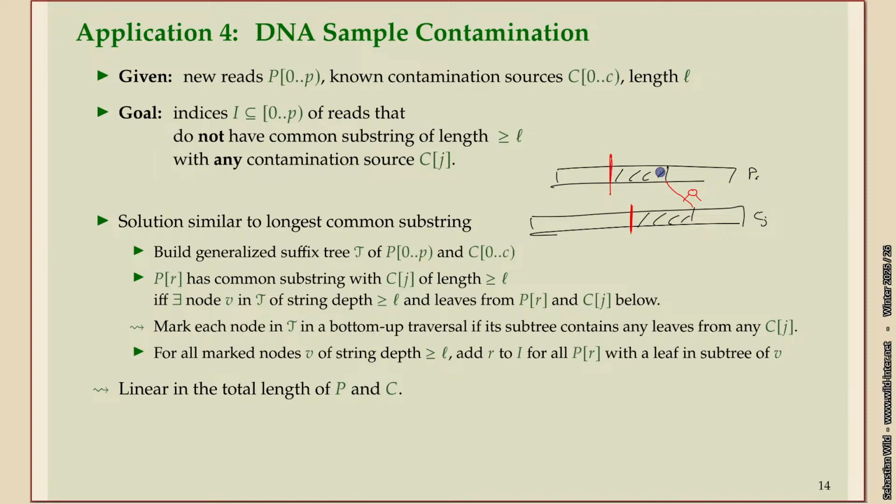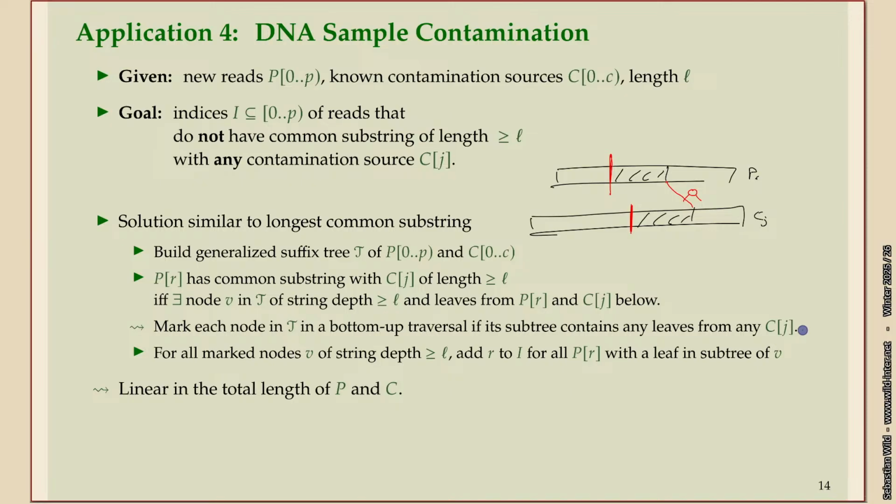So we can find this by simply looking for internal nodes that are at sufficient string depth. We only care about long shared substrings. And they need to have a leaf coming from each of these two strings below, then that's a match. We have a long substring between the two. So if we mark all the nodes in T, it's just a binary decision: is there any contamination leaf below you?